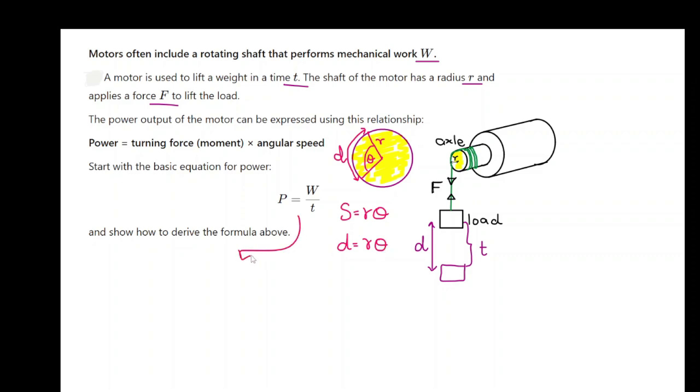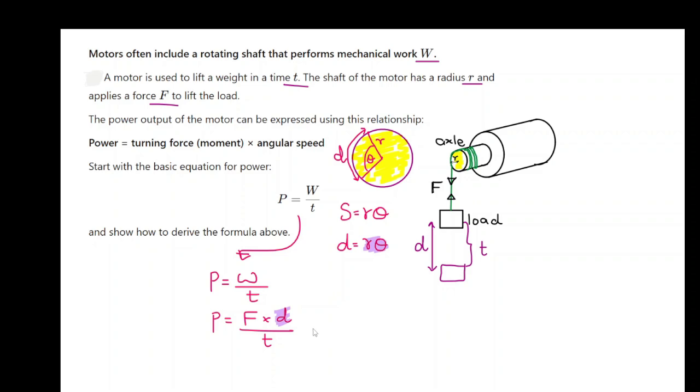Now let's start with the power formula. P is equal to W over t, work done over time. Now work done is force multiplied by distance over time. Now I know d is r theta, so I can substitute r theta instead of d.